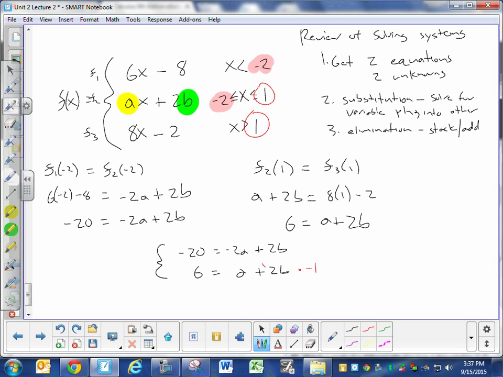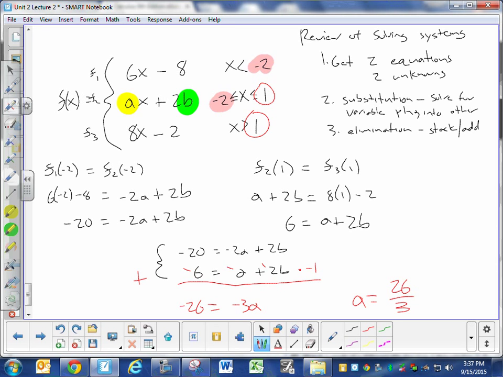I'll multiply the bottom one by negative 1. That way I have opposites. Because when I have opposites and I add the two equations together, we will get the b's or the a's to eliminate. Here I set it up so that the b's eliminate, and I'm able to find the a's. And just like we found, a is equal to 26/3.